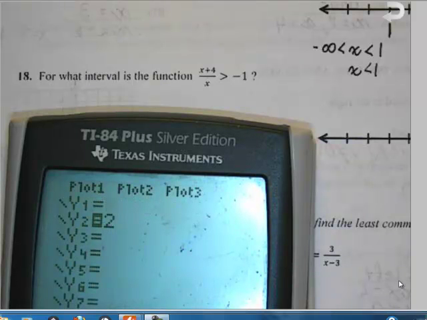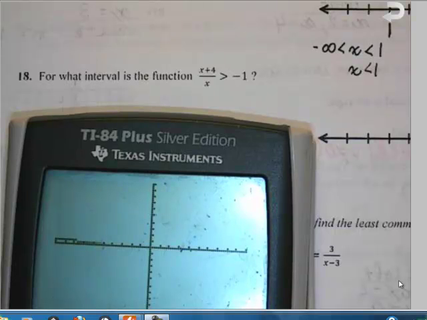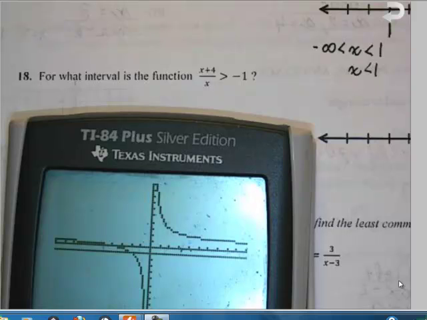So, I'm going to clear both of these off. And so you have that x plus 4 is being divided by x. And you are comparing it to where y is equal to negative 1. So, once again, we graph it. We see a rational function, another rational function, and then a constant line.